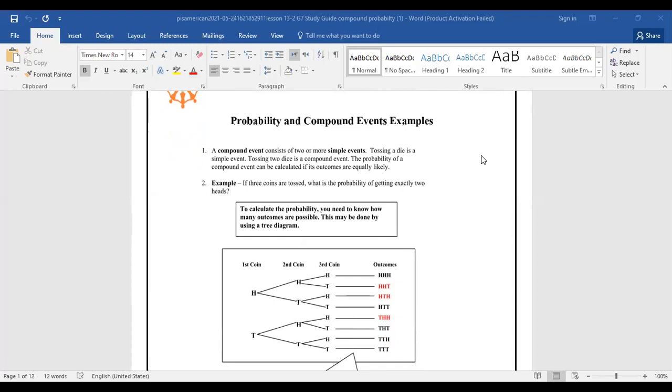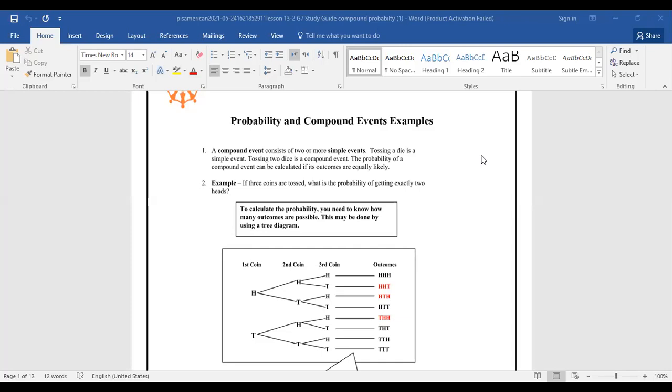Then tossing one die, this is called what, grade 7? Simple event. Tossing two dice is a compound event. The probability of the compound event can be calculated if its outcomes are equally likely.